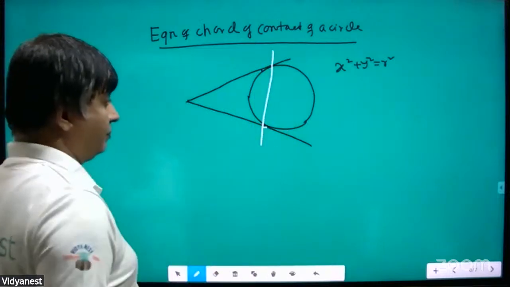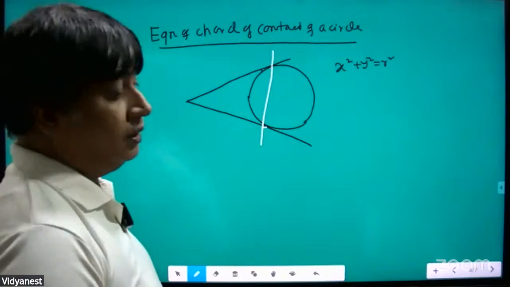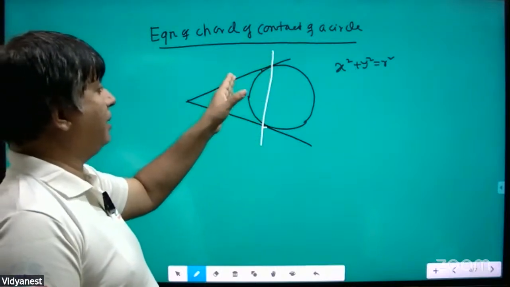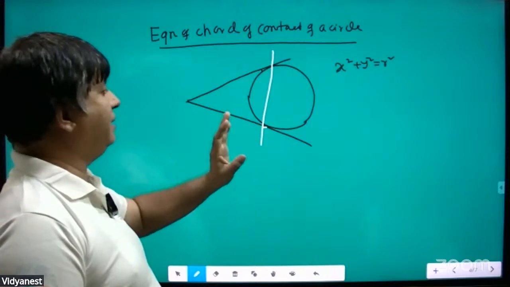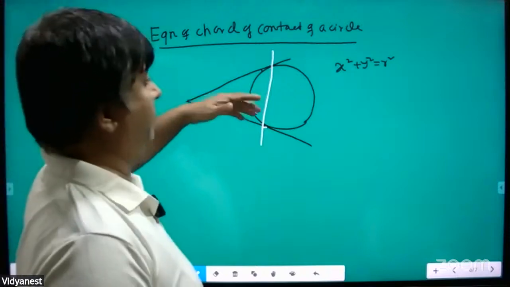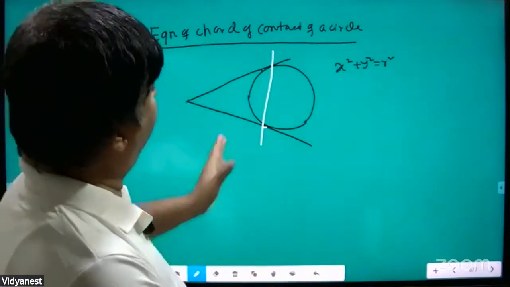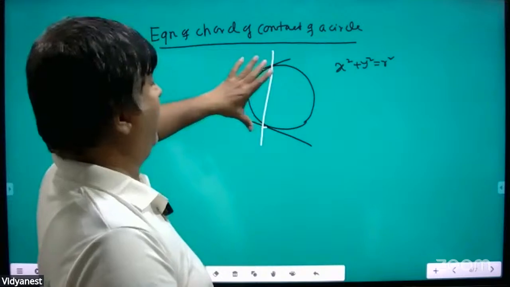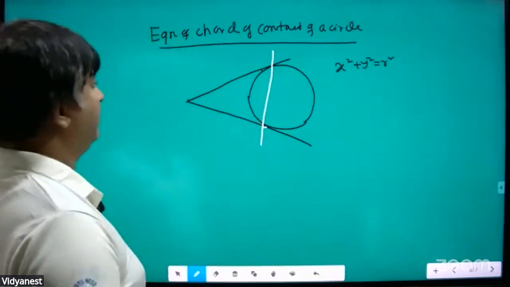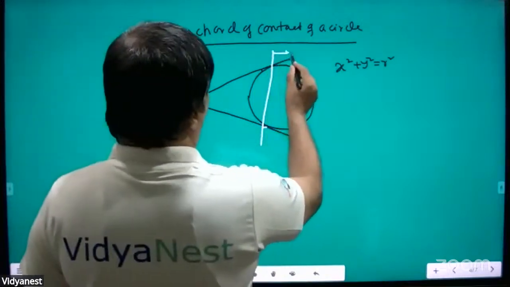Understand? So the line which joins the points of contact of the pair of tangents is called chord of contact. At a time, this line makes a chord as well as joins the points of contact.